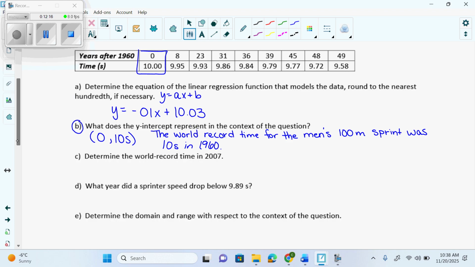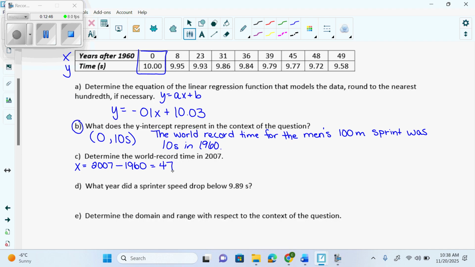So we want the world record in 2007. 2007 is the X. So people put 2007 in for X. Would that work? It's after 1960, correct? So what are we going to do to get our actual X? What math? 2007 minus 1960, because it's years after 1960, which is 47.